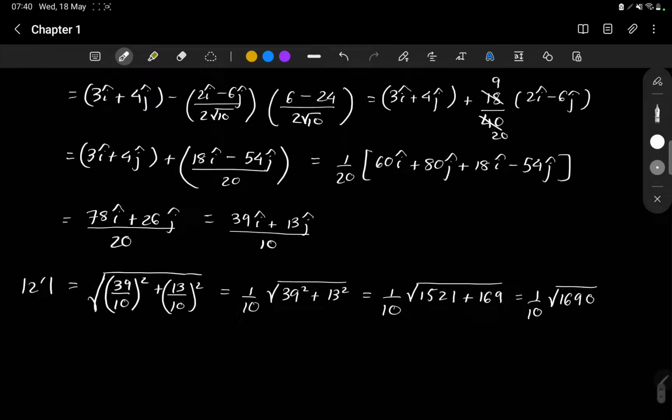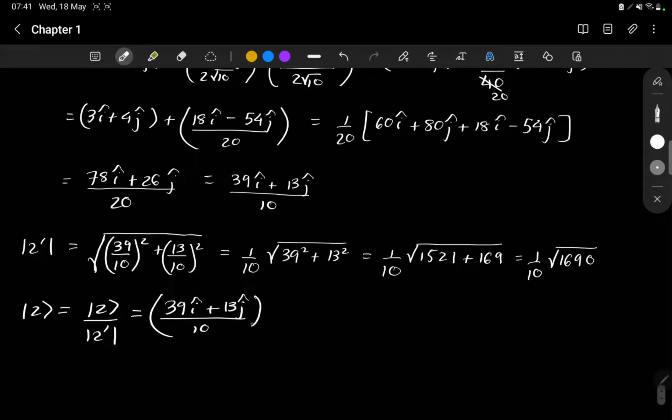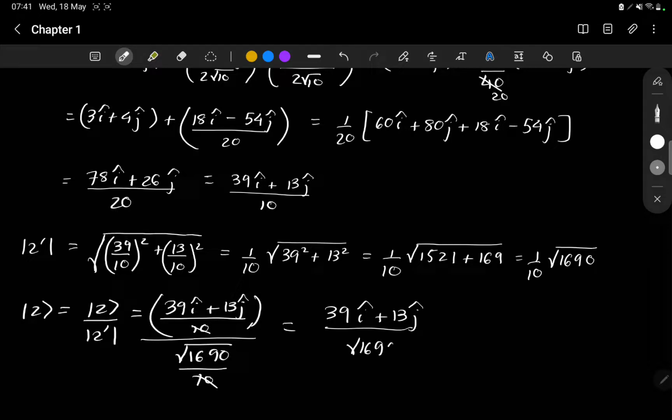So our second vector is, so this is our second vector.